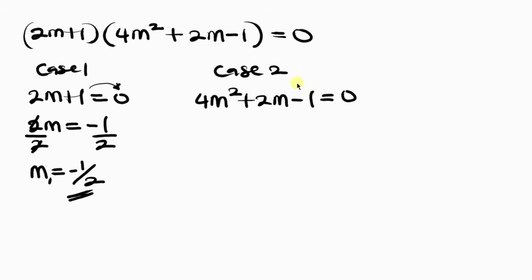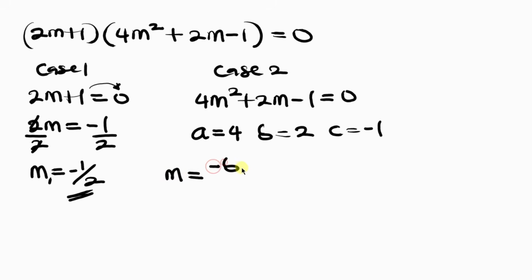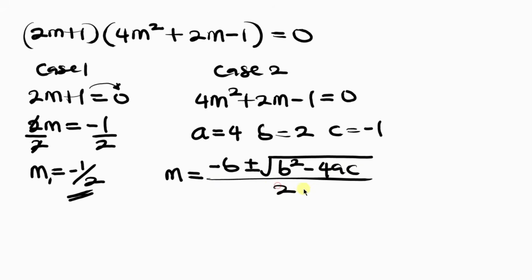For case 2, we're going to be using the quadratic formula to solve, since we can't factorize this quadratic expression. So our a here is 4, our b is 2, and our c is negative 1. Using the quadratic formula, m is equal to negative b plus or minus the square root of b squared minus 4ac, all over 2a.